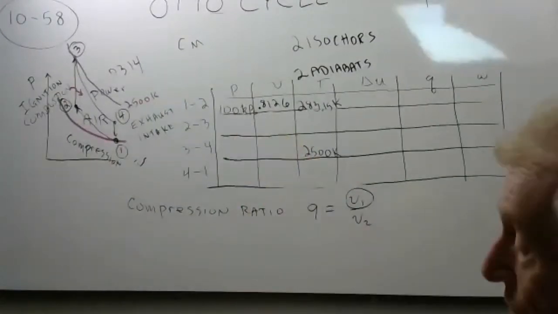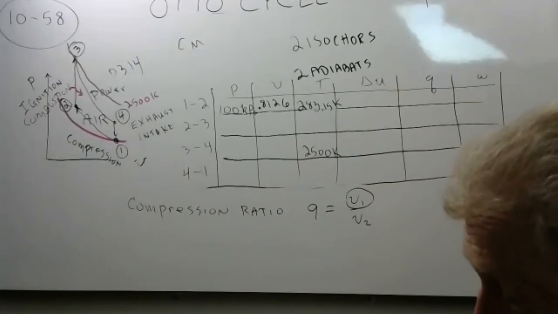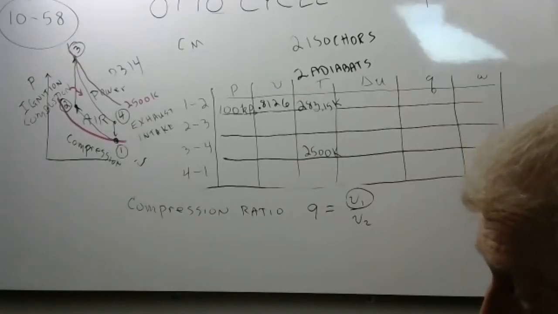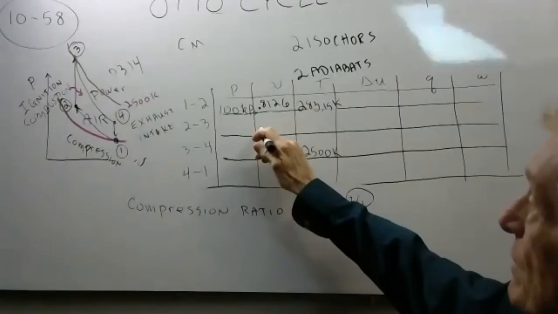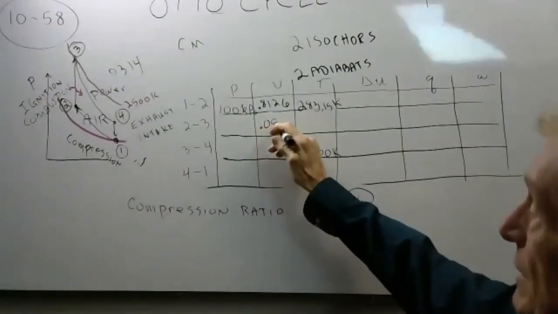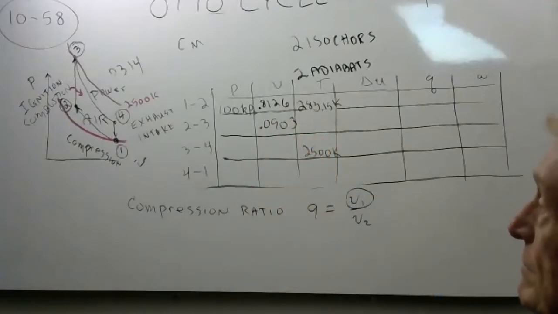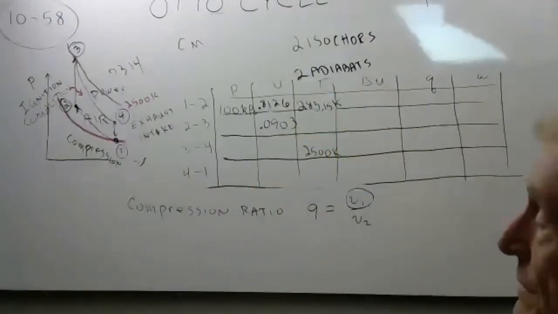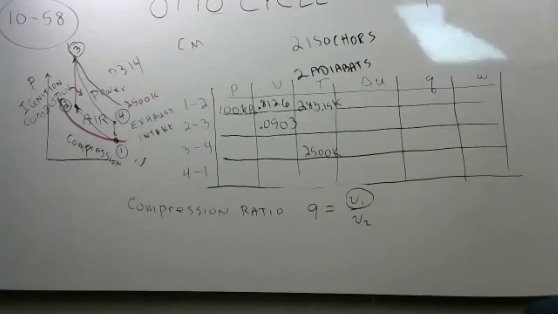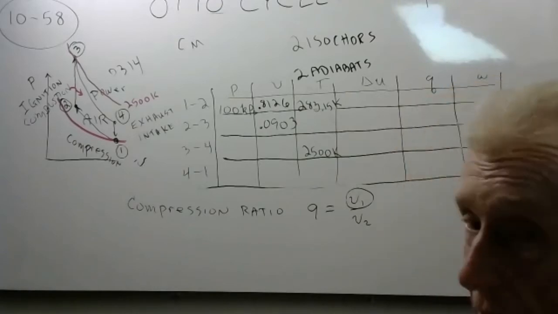So we can get little v2. I'm getting 0.0903. Did that make sense? I hope it did.